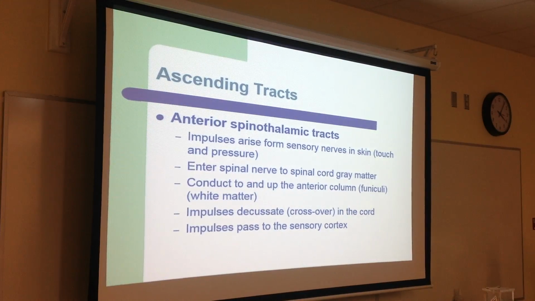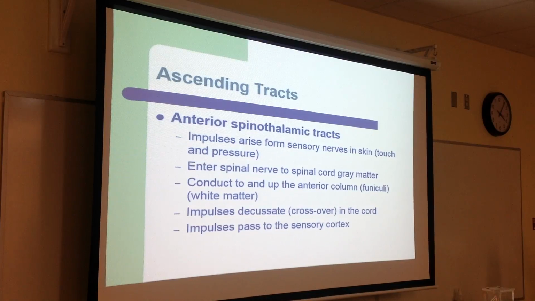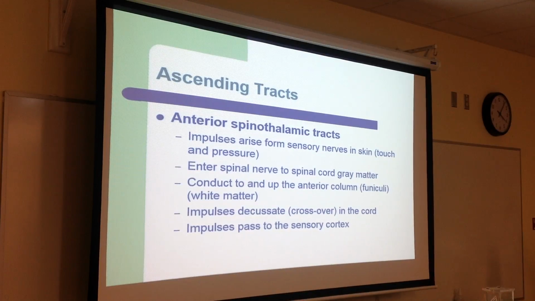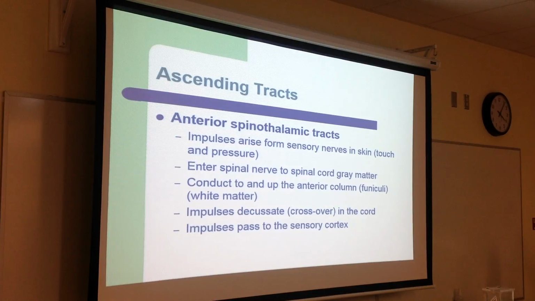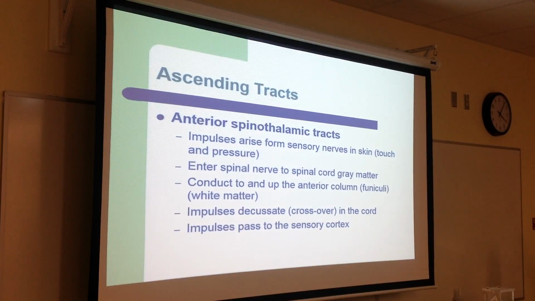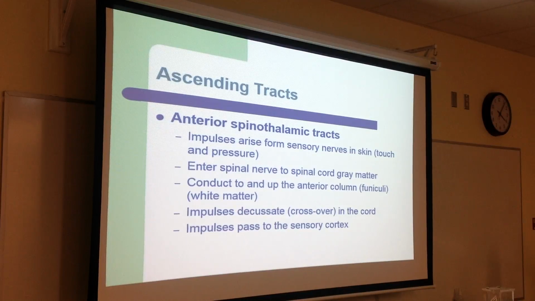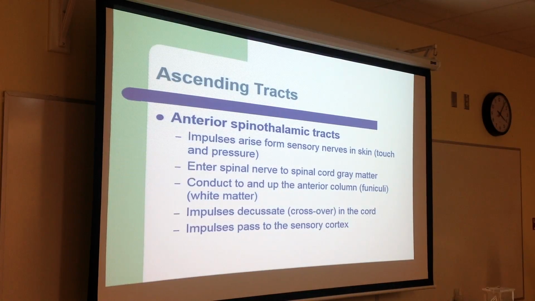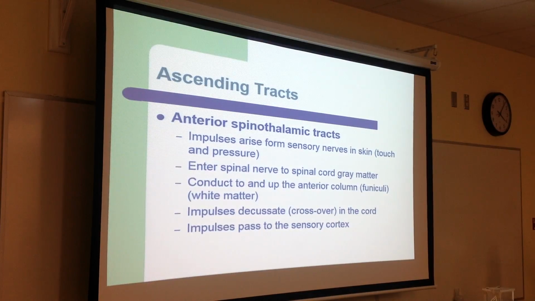It's going to enter where the cell body of the nerve is, in that dorsal root ganglion. It enters into the posterior gray horn of the cord. It then crosses the cord and conducts up the anterior column to the thalamus, where it synapses with a third neuron that carries the impulse out to the primary sensory cortex, where it can be localized and interpreted.